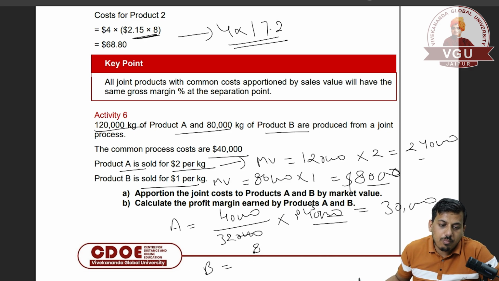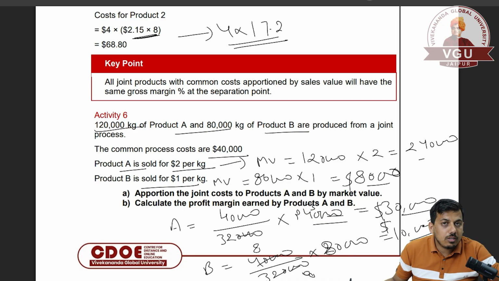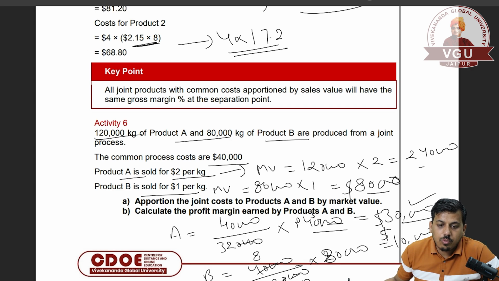For product B, 40,000 divided by 3,20,000 multiplied by 80,000 is $10,000. This is how we will segregate the total cost between the products by market value. So 30,000 is the cost for product A and 10,000 is the cost for product B.